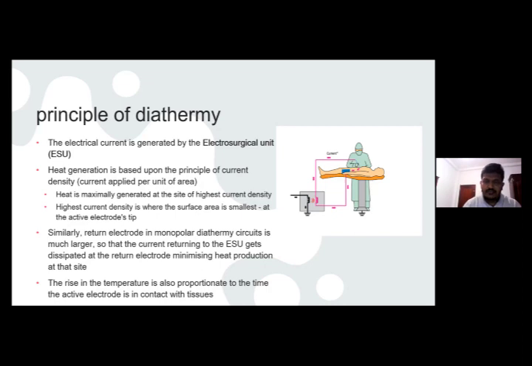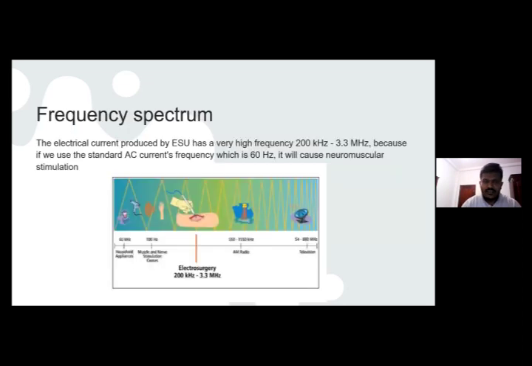The temperature produced will depend on the time of contact with the tissue. In electrosurgery we usually use much higher frequencies, like 200 kilohertz or megahertz, which is far higher than the frequency that would cause neuromuscular stimulation.